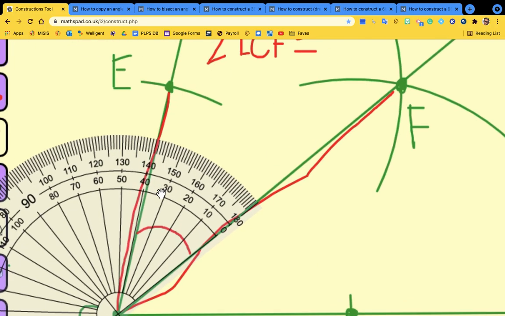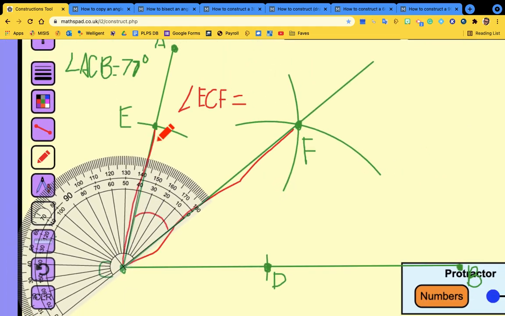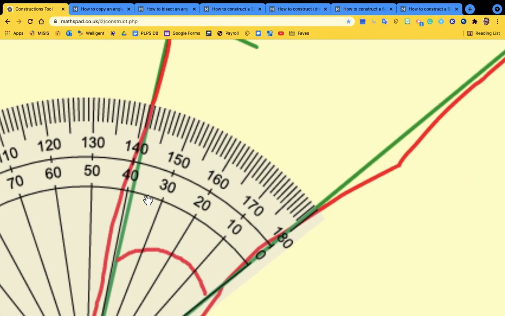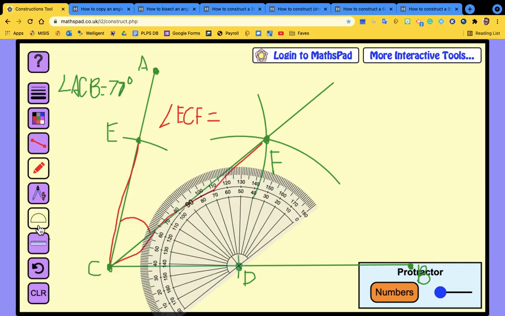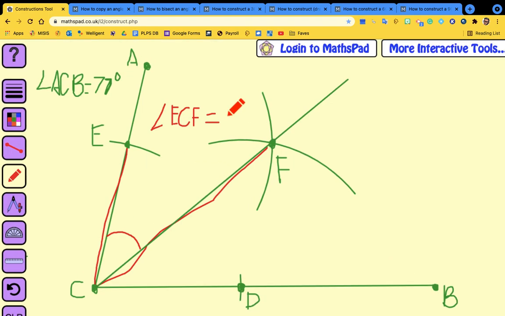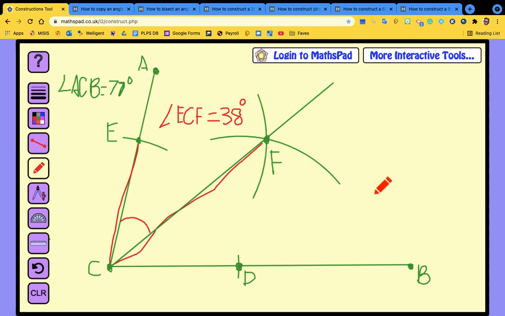Look at that. Now, where does my green/red line go? Well, my green's a little more accurate. So this big one is 40, 39, 38, like between 38 and 39, right? So I'll call it 38. So let's call this 38 degrees. 38 degrees. Like that. Look at that.